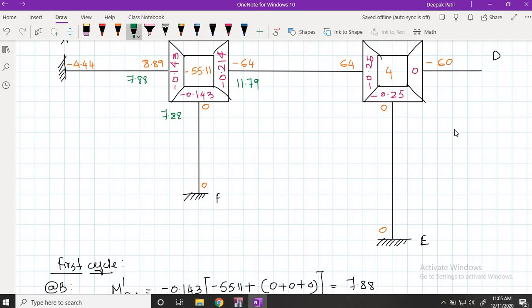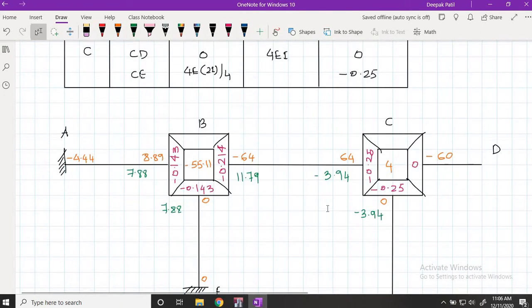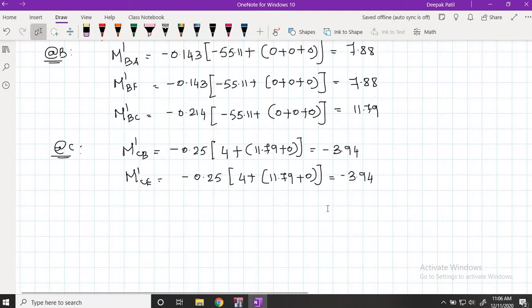This is coming out to be minus 3.94 for CB, and here it is also minus 3.94, that is for CE. So nothing will come on this side. This completes my first cycle. Let me move on to the second cycle.